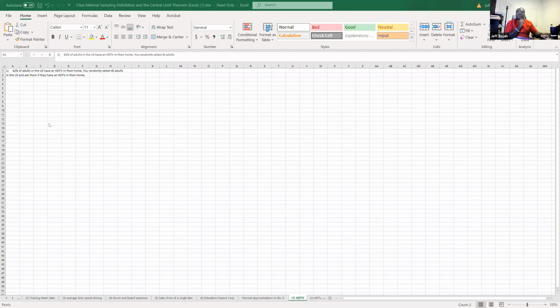All right. Look at this first example. We're looking at example 1 on the normal approximation to binomial distribution. This first one says 62% of adults in the US have an HD TV in their home.